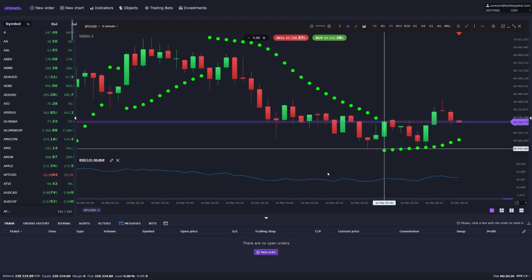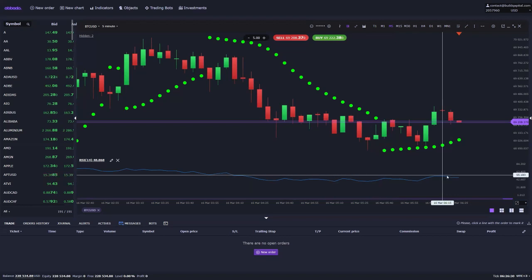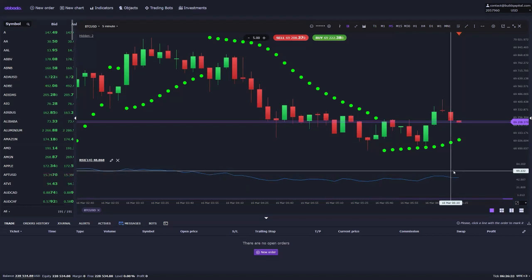The other confirmation I also use is the RSI. A lot of people have heard about the RSI, but let me go over exactly how I use it. The RSI has two levels. The top level is the 70 level. If the RSI is getting close to the 70 level, that means the market is going into overbought territory, which means it has come up quite a bit, and most likely we'd be looking for a reversal down.